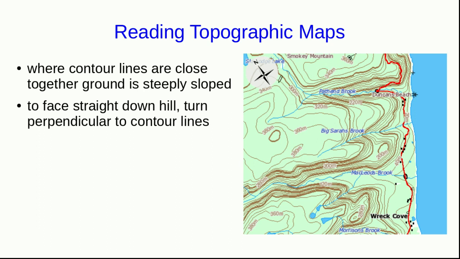Again, the map would just be covered in ink and wouldn't be useful. So the makers of this map have chosen to use 20-meter increments. You can see, for example, the 340-meter line and the 360-meter line. We could guess that the 350-meter line runs perhaps something like this, about halfway between them.